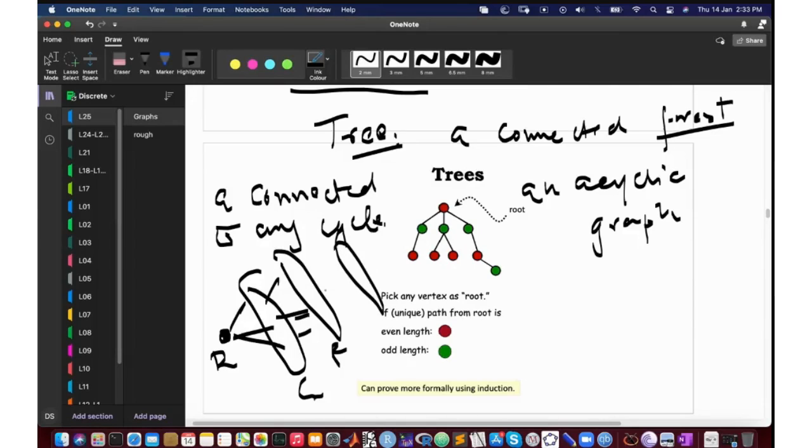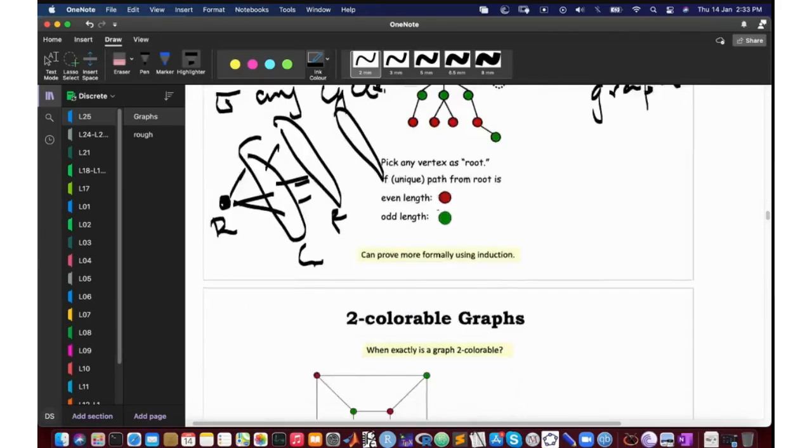Since there are no cycles, you will never have a conflict. You can always color the next vertex with a different color. And you need 2 colors because wherever there's an edge, you need 2 colors. You can't do less than 2, but 2 is enough because there are no cycles. Awesome, great. So trees only need 2 colors.